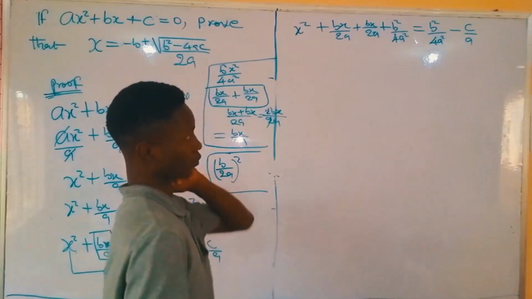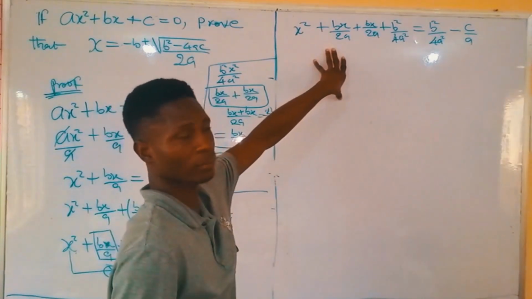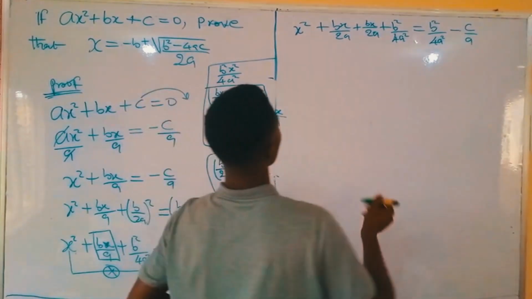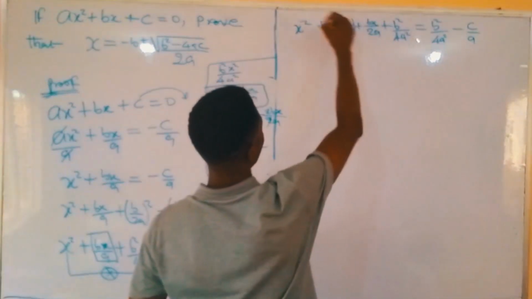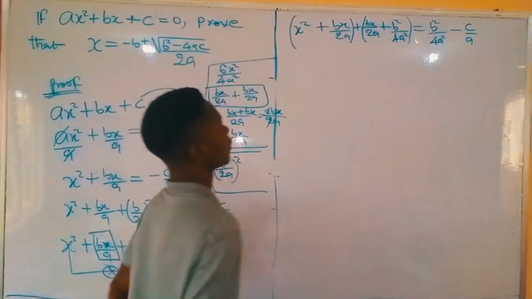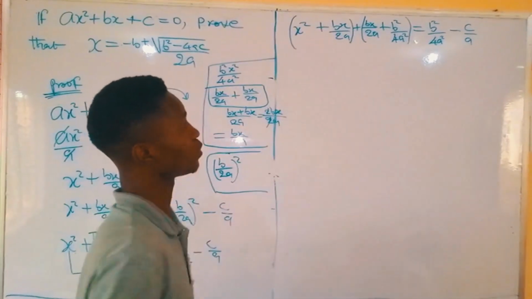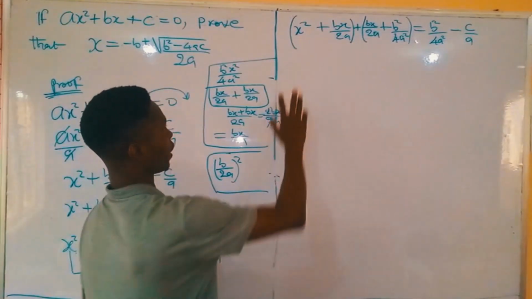At this point we factor out. If we do this, it's going to be easy for us to factor out since x is evenly distributed. Now we check.